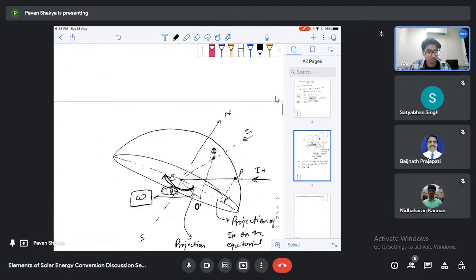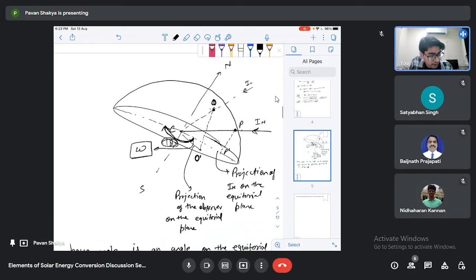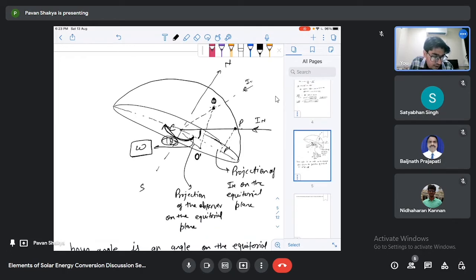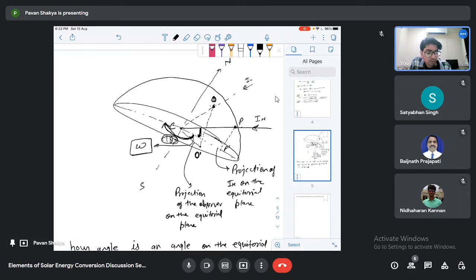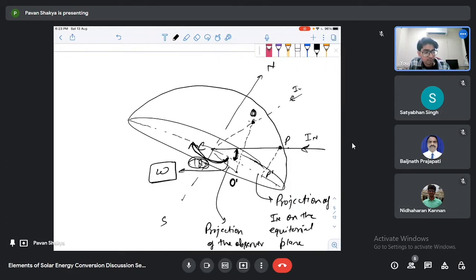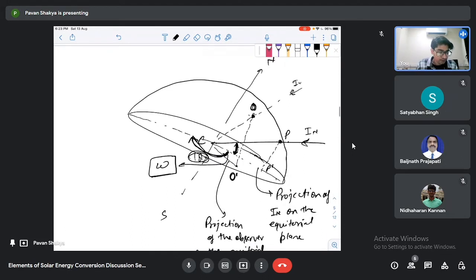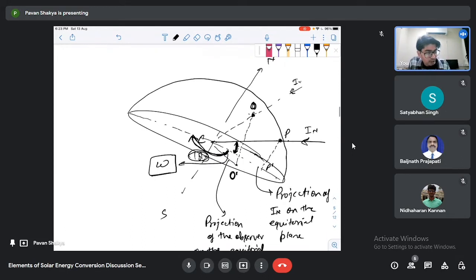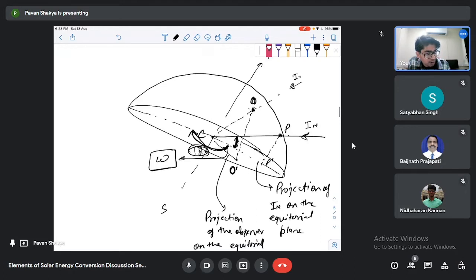So can someone guess what this angle will be? You can also write in the chat box if you want. So this is nothing but the declination angle.